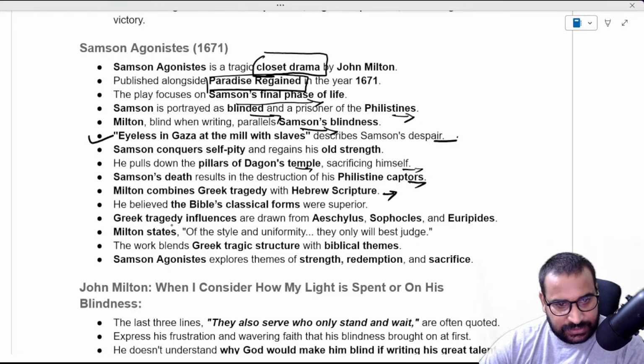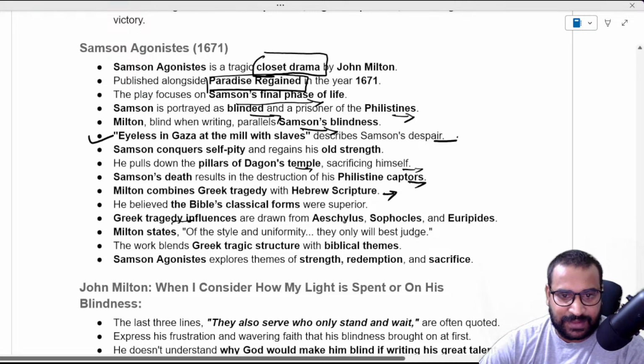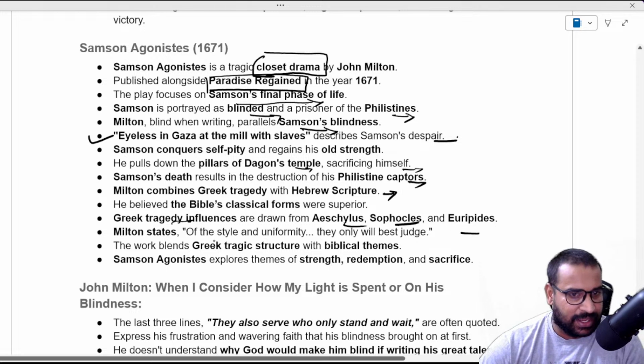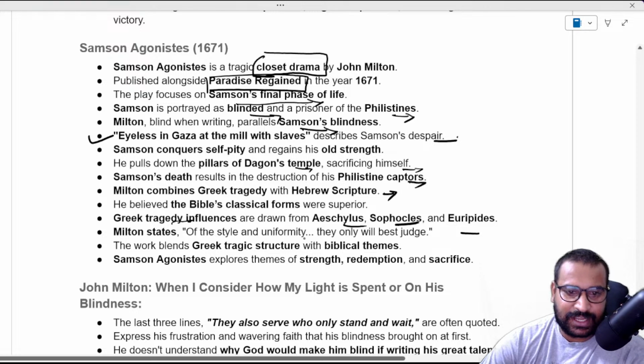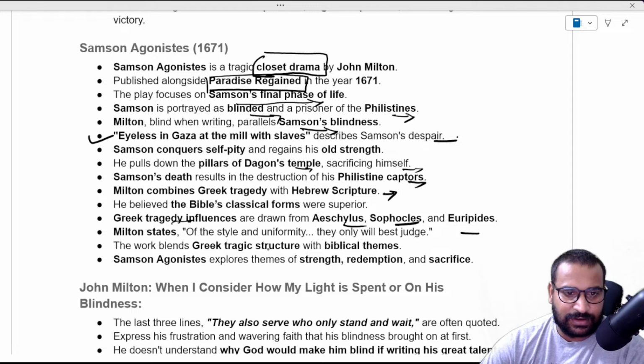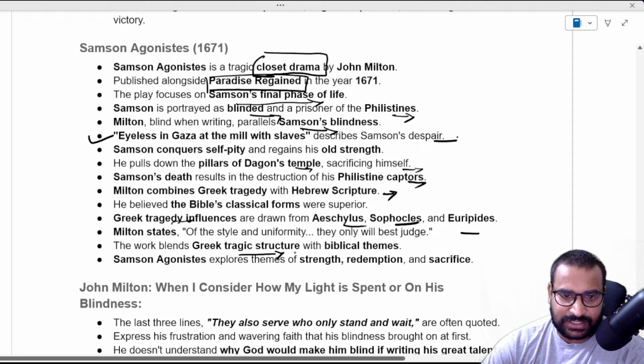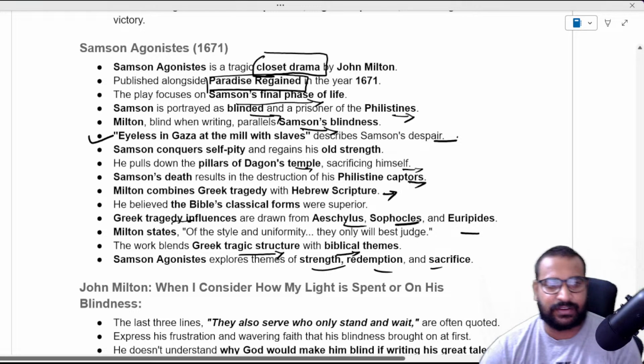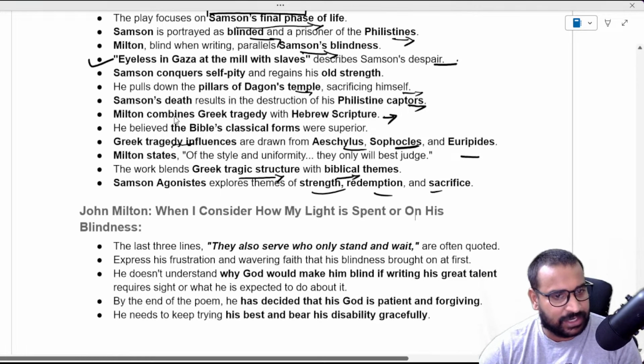Very important, this tragedy was actually drawn from Aeschylus, Sophocles, and Euripides. And Milton states of the style and uniformity, they only will best judge. The work blends Greek tragedy structure and biblical themes. Samson explores all these themes like strength, redemption, sacrifice. So that was all about Samson Agonistes.